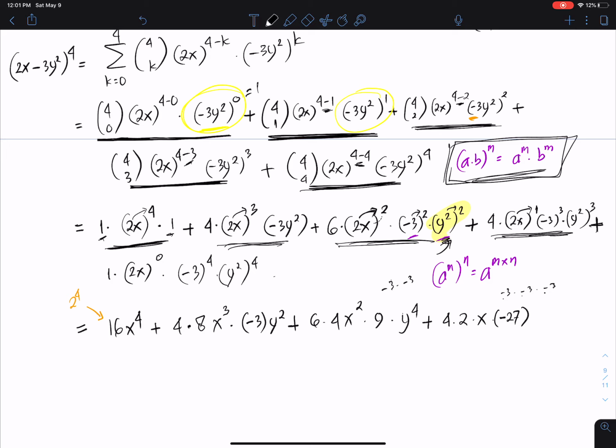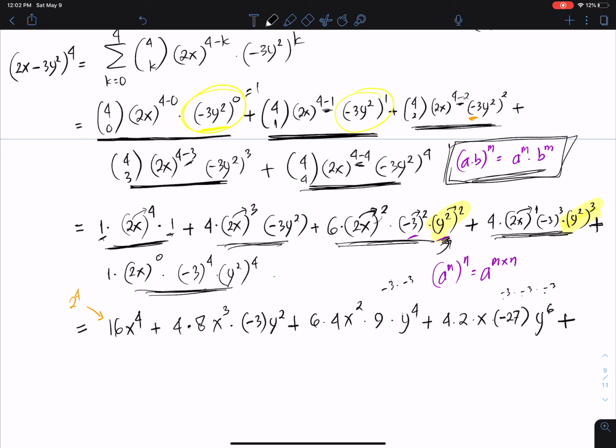Okay, and then y to the power of, here, 2 to the power of 3 again. So it becomes 6. 2 times 3 is 6. Plus, so the last one here, I will put over here at the end so that it will be seen.